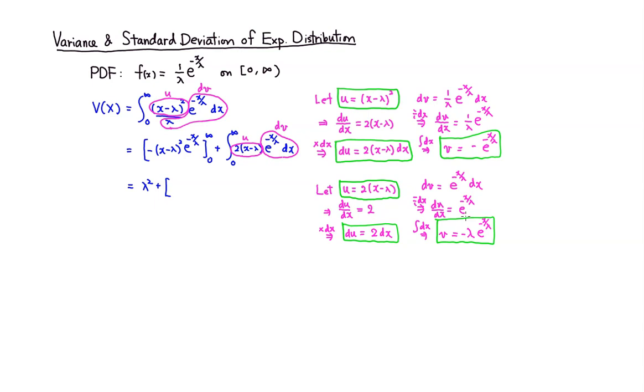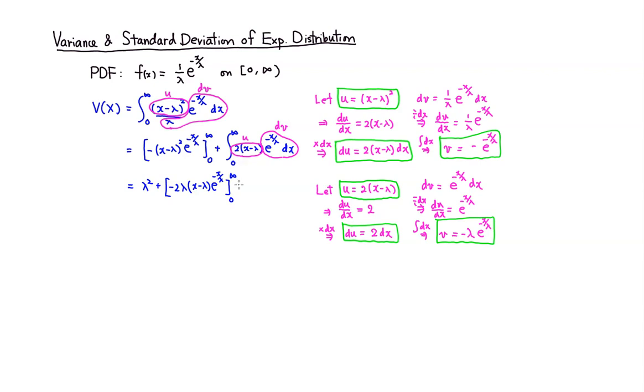So this times that, so it's a negative 2 lambda, x minus lambda, e to the negative x over lambda, from 0 to infinity. Hopefully I got that correctly.